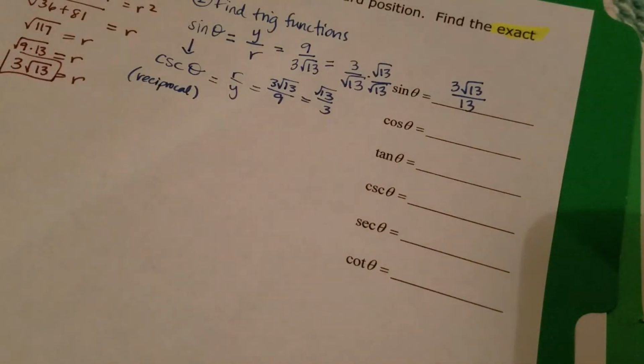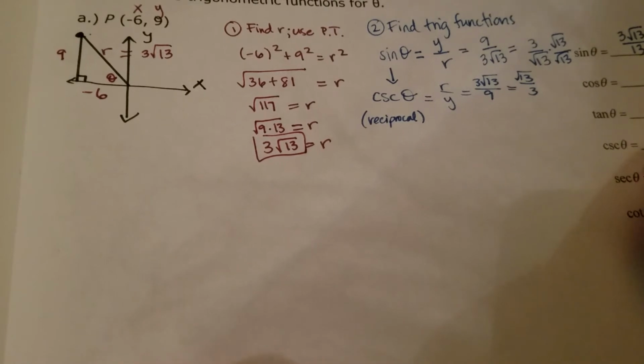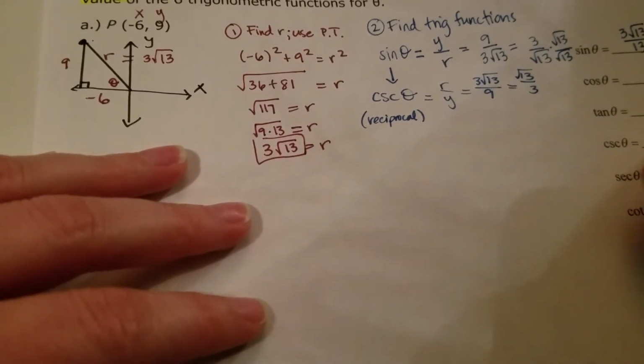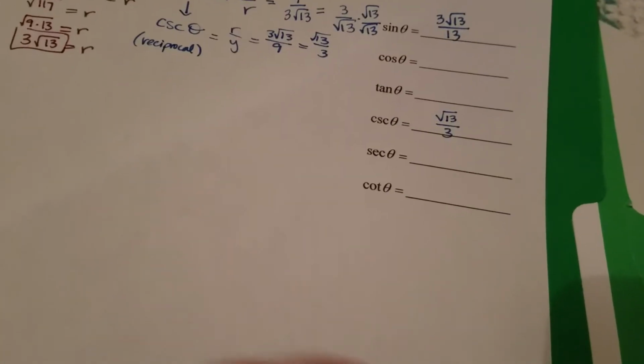So this would be √13 over 3. Okay, and that's how I would always do it, is I would do the function and then the function's reciprocal. And then I am just writing those on the final line.